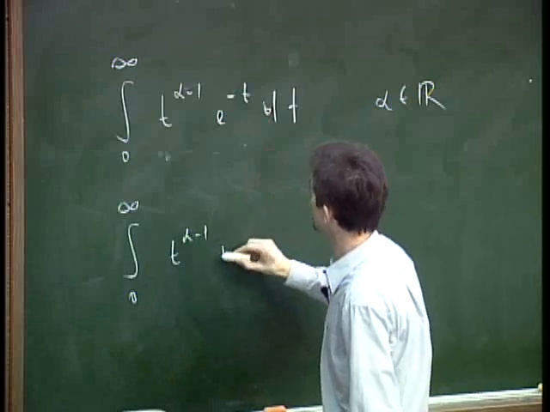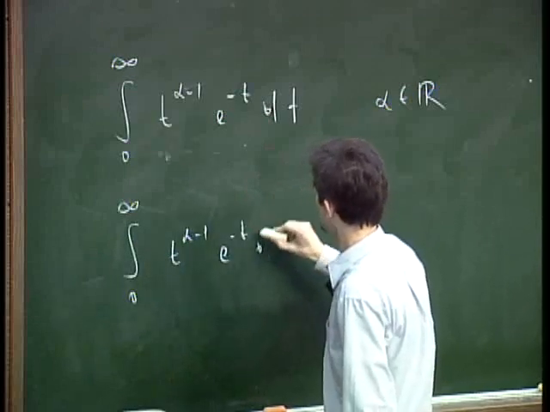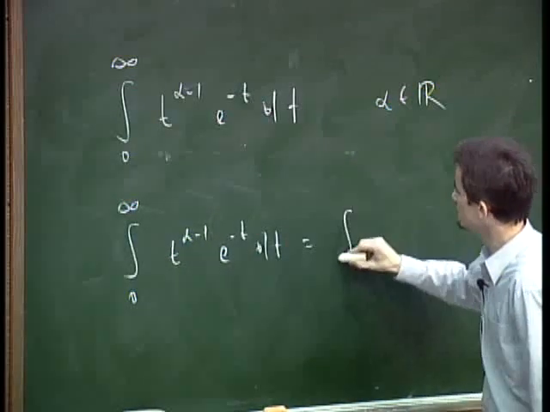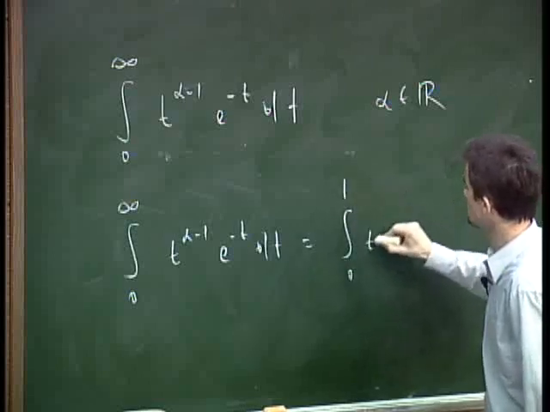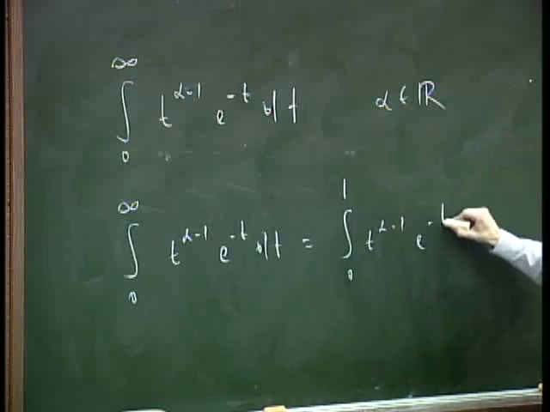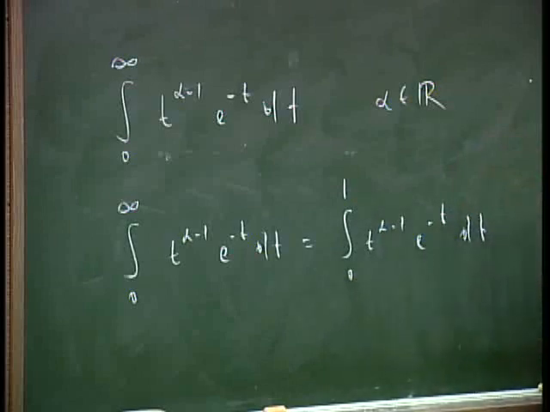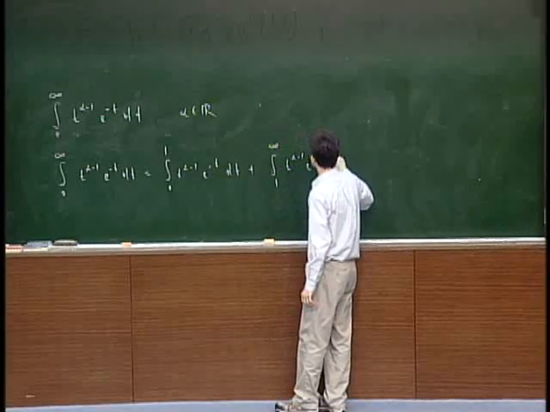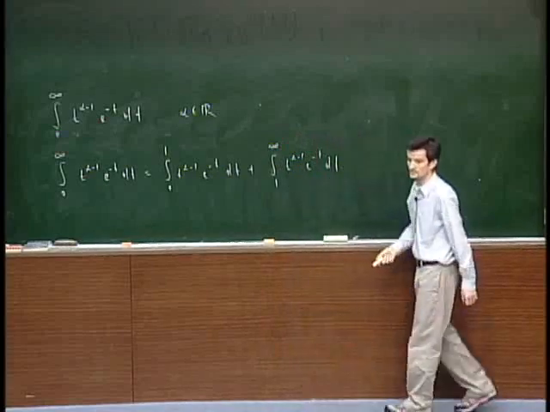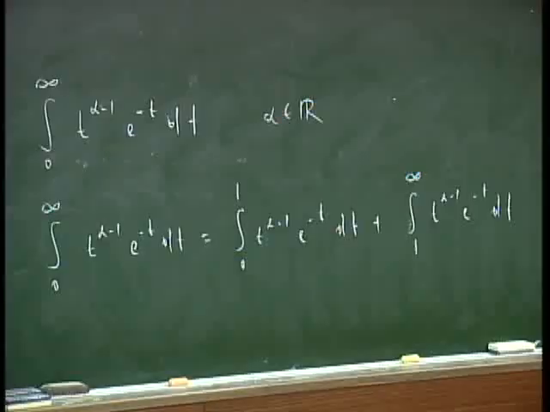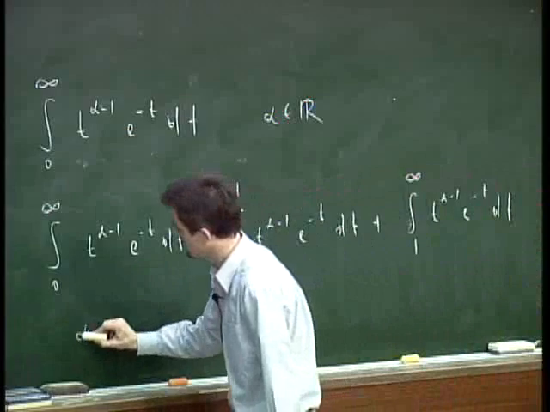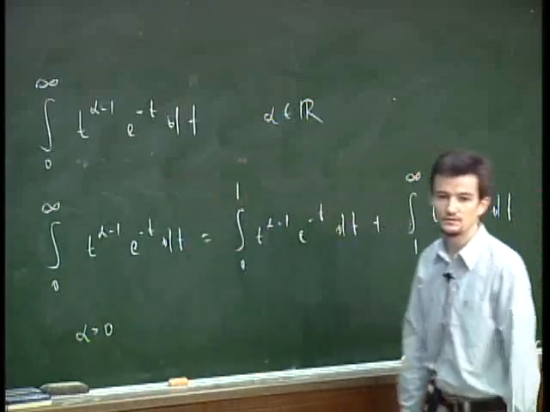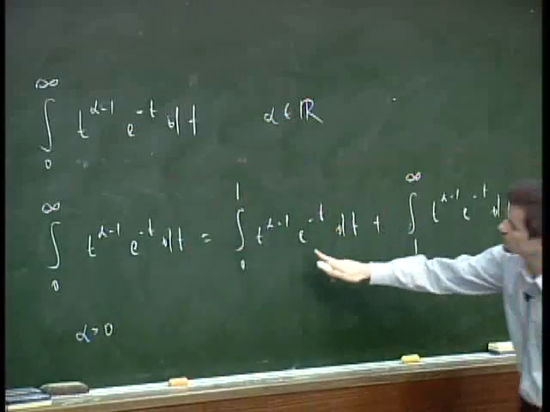In order to really make precise what I said, you are going again to divide the integral into 2, plus the integral from 1 to infinity of t to the alpha minus 1 e to the minus t dt. Now if we assume that alpha is larger than 0, look at the first integral.